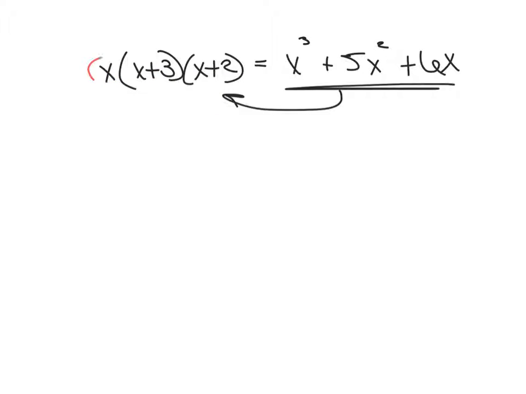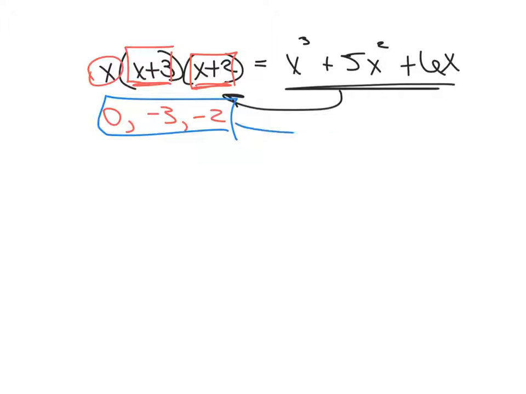Well, what makes this 0? 0 does. What makes this 0? A -3. And what makes this 0? A -2. A -2 plus 2 is 0. A -3 plus 3 is 0. So that tells you that there are three numbers that, if you plug any of those three in there, it will make a true statement.